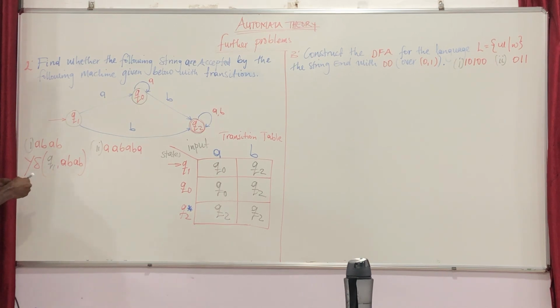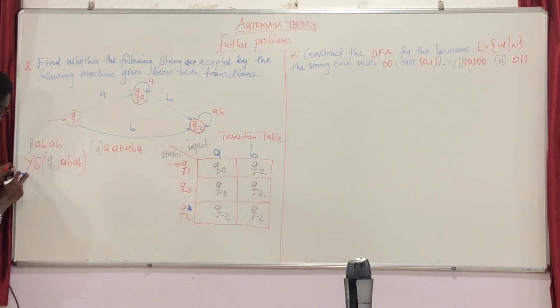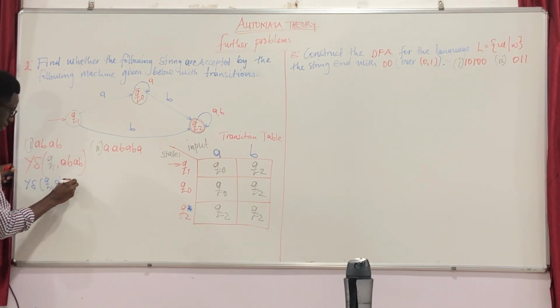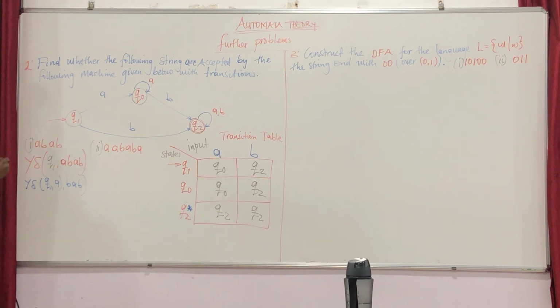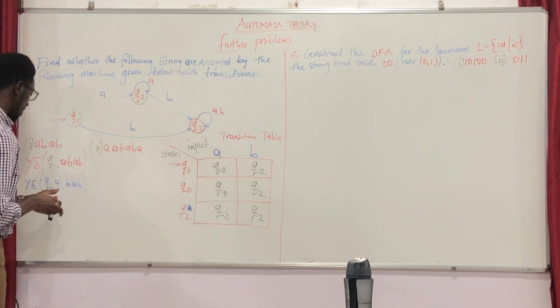So let's see. First, we take the first string, which is A. We can say Q1, comma, A, then we give B, A, B. Now we come to our transition table here.